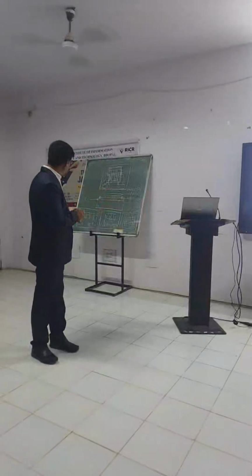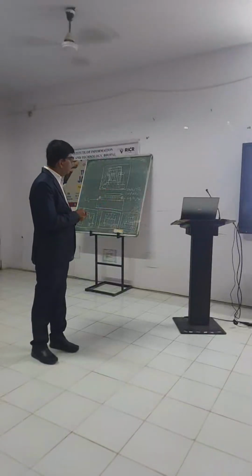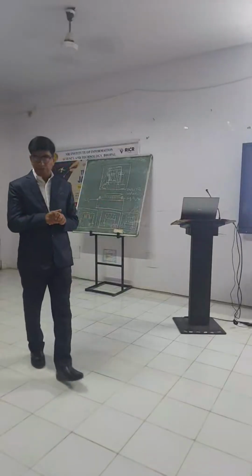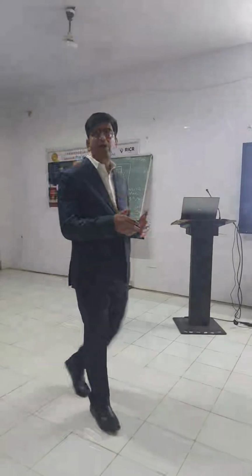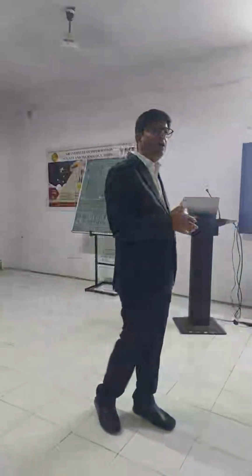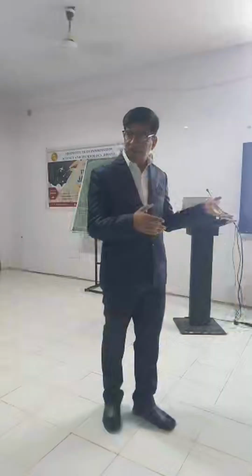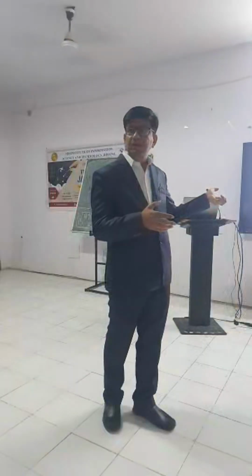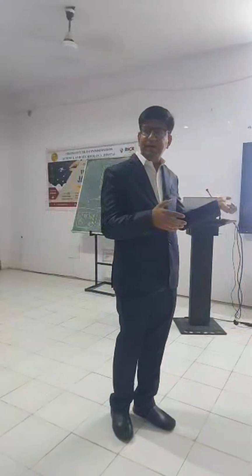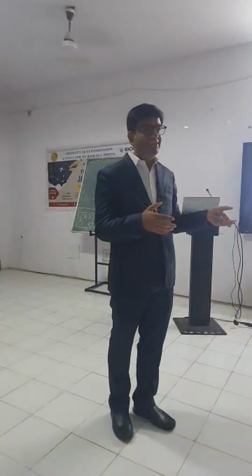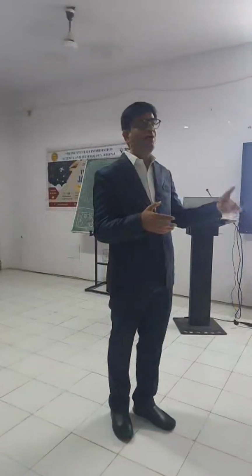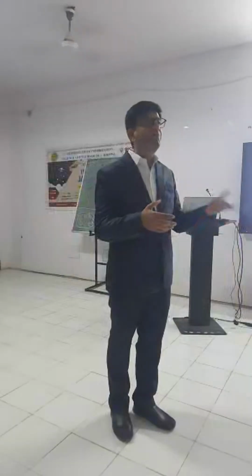After that, we deposit the IDT electrode, that is chrome gold or aluminum, whatever. But we can't go for aluminum because we are fabricating a sensor with metal oxide. Instead of a metal contact, it will create a metal oxide layer; it will generate aluminum oxide.